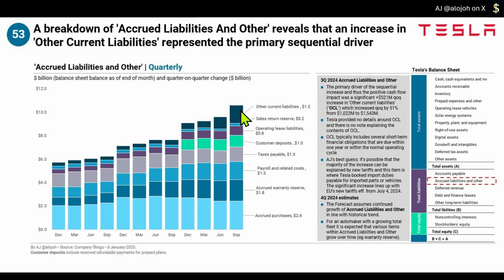My best guess, and I put this over here in the comments, is that there are two drivers, and one driver I state here. My best guess is this has to do with the tariffs in Europe. The tariffs in Europe are effective from the 4th of July. They were signed into law, I think, at the beginning of November, but they were retroactively activated, and the effective date was the 4th of July.